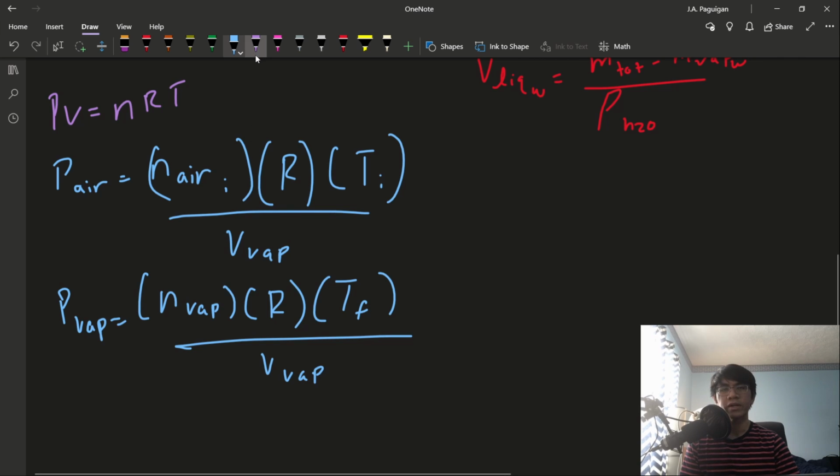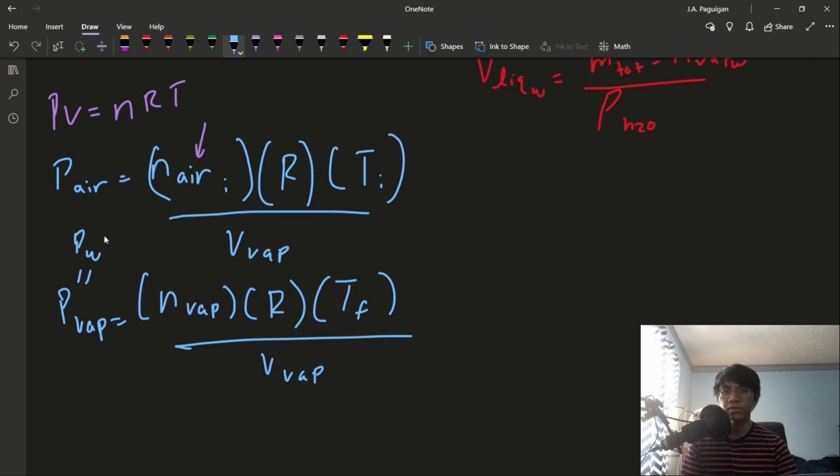So we'll go back. We'll break this down, like I said. But before that, I also want to add that while I did write pressure of the vapor, this is also equal to the pressure of the water. And I should probably pick one so you don't get confused, but we know from the previous video, and also I believe I mentioned earlier, the partial pressure of the water is equal to the vapor pressure because both phases are in equilibrium with both phases being present.